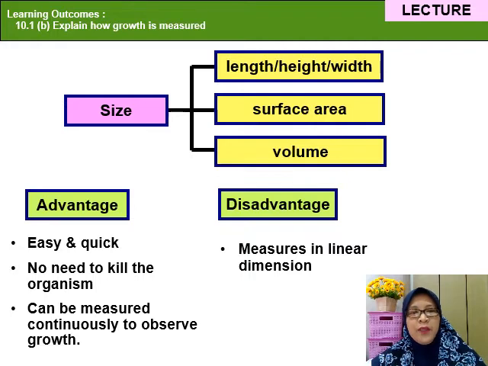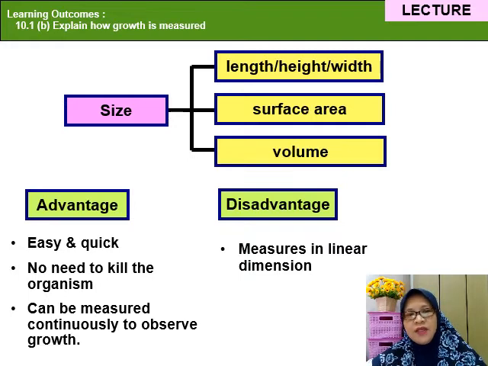So we look first at size. For size, we can use the length, height or width, surface area, and also the volume. But there are advantages and disadvantages of using size as a measurement of growth.